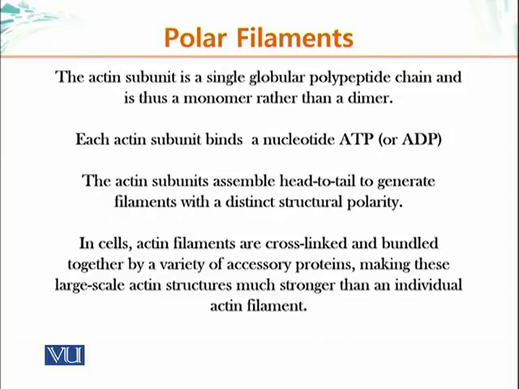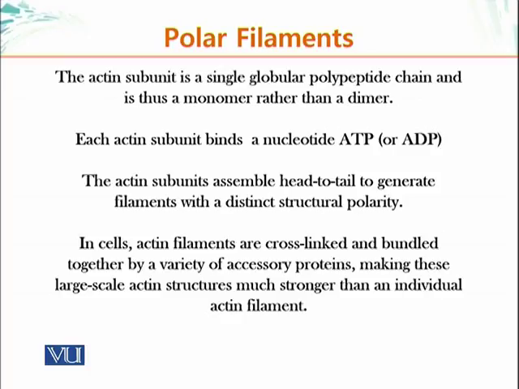The actin subunit is a single globular polypeptide chain and is thus the monomer rather than the dimer. In case of microtubules, we saw there were two polypeptide chains, alpha and beta. They came together and formed the subunit. In case of actin, it's only a single polypeptide.